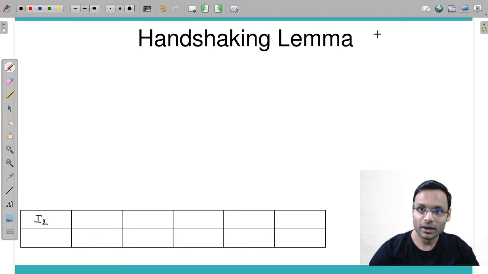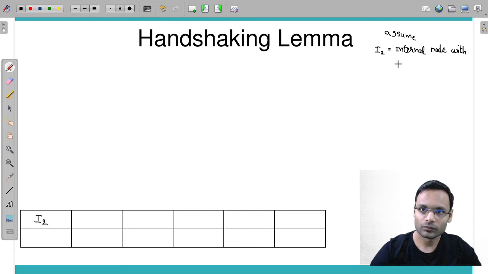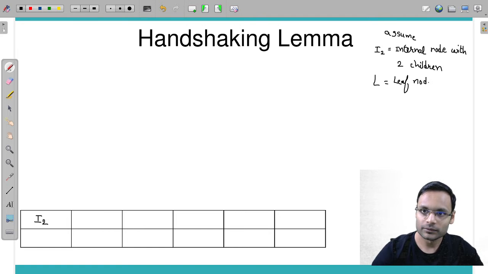So my assumption is: assume I2 is the number of internal nodes with 2 children, and capital L is the number of leaf nodes.